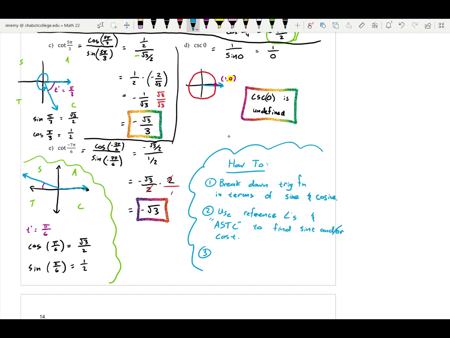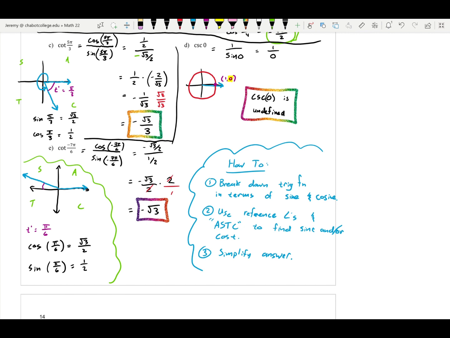And then step 3 is to just simplify your answer. Okay, and simplifying the answer, that's where, usually it's common to deal with a fraction inside of a fraction, do that whole thing, and then you get your answer from that.